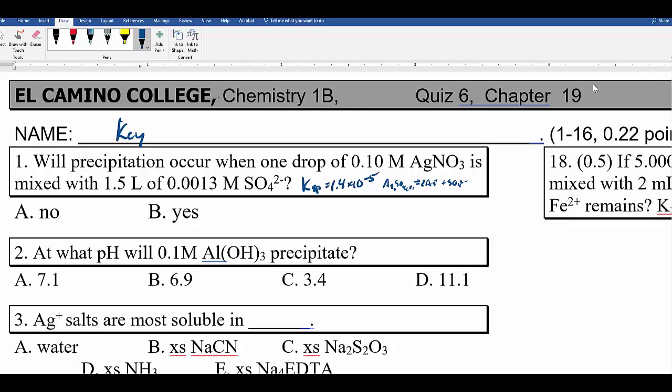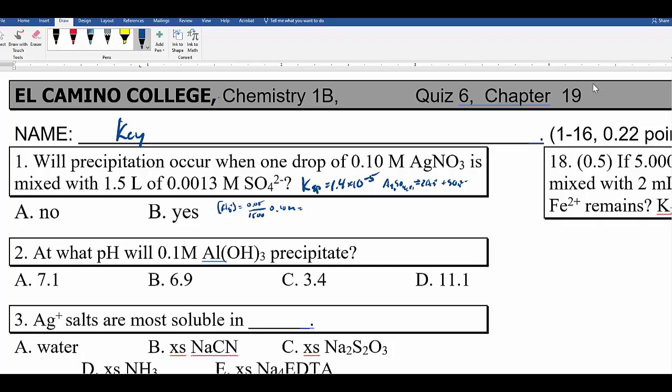So the first thing we'll have to do is stepwise solution dilution. So one drop, we're going to assume, is 0.05 milliliters. And so the silver ion concentration here should be 0.05 over, silver nitrate's a strong electrolyte, that's how many milliliters? This is 1500 milliliters here, 1.5 liters. So it's a 0.05 over 1500 dilution of 0.10 molar.